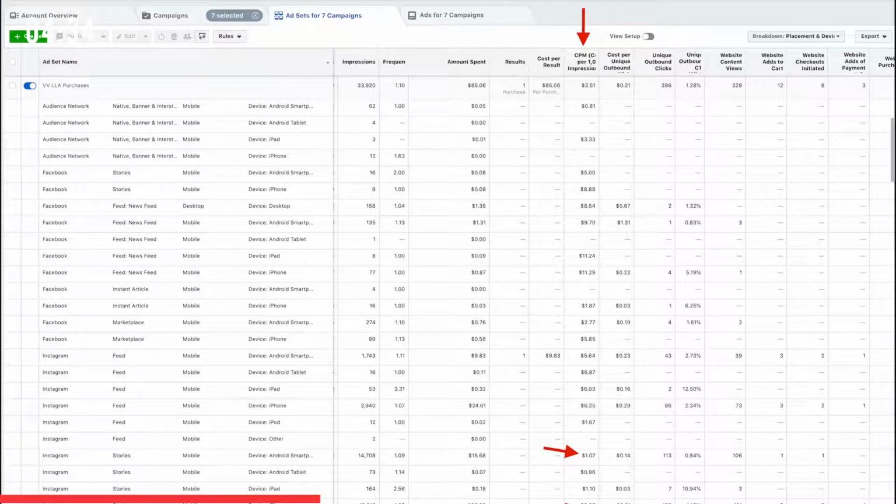At $1.07, I could get my ad in front of 10,000 people for less than the price of reaching 1,000 people on an iPhone in their newsfeed on Facebook.